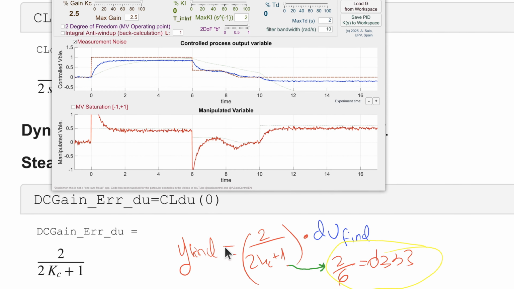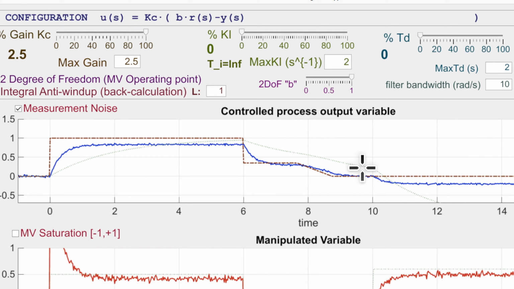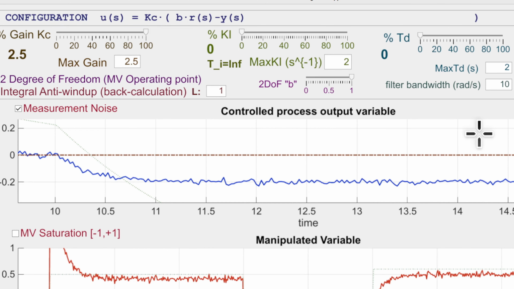Then perhaps in practice I will use this formula in the reverse sense. What I can measure is that my final deviation had an amplitude of, let's zoom in, minus 0.2.